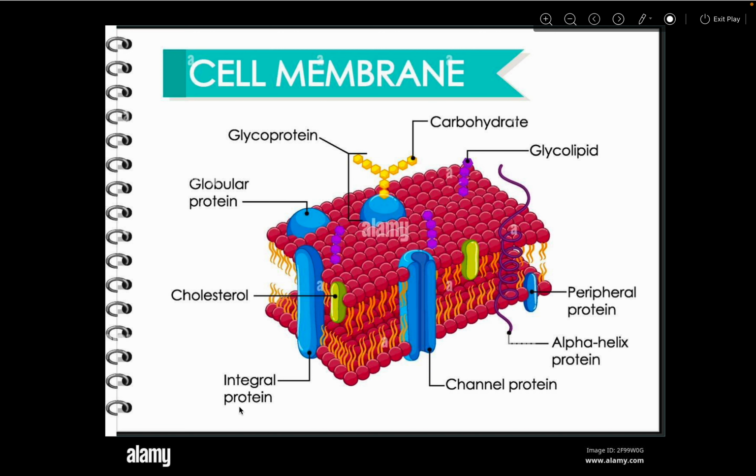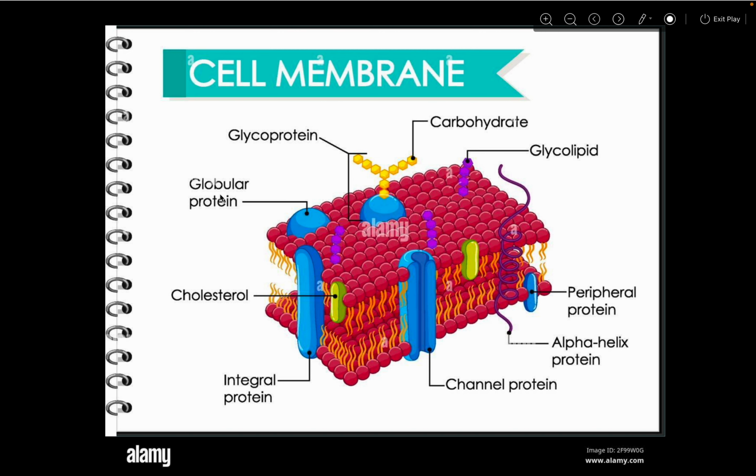Both are what we call the channel protein, which is subfolded into two units that you are seeing right now. And at the center of the channel protein, you will see a cavity.